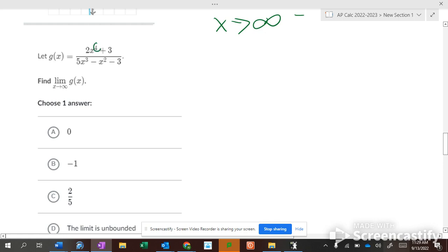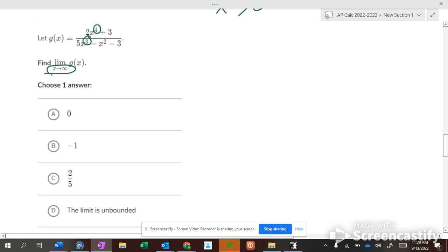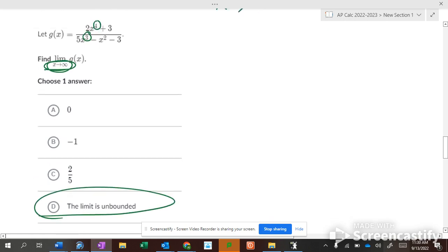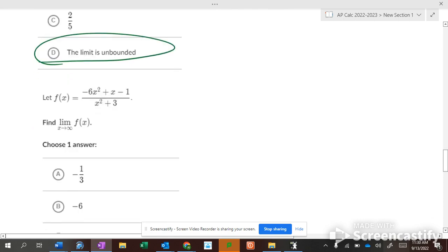If the exponent of the highest power in the numerator is higher than the exponent of the highest power in the denominator, and you're going towards infinity or -infinity, the limit is unbounded. If the top is higher than the bottom for the highest powers of each, it's unbounded.